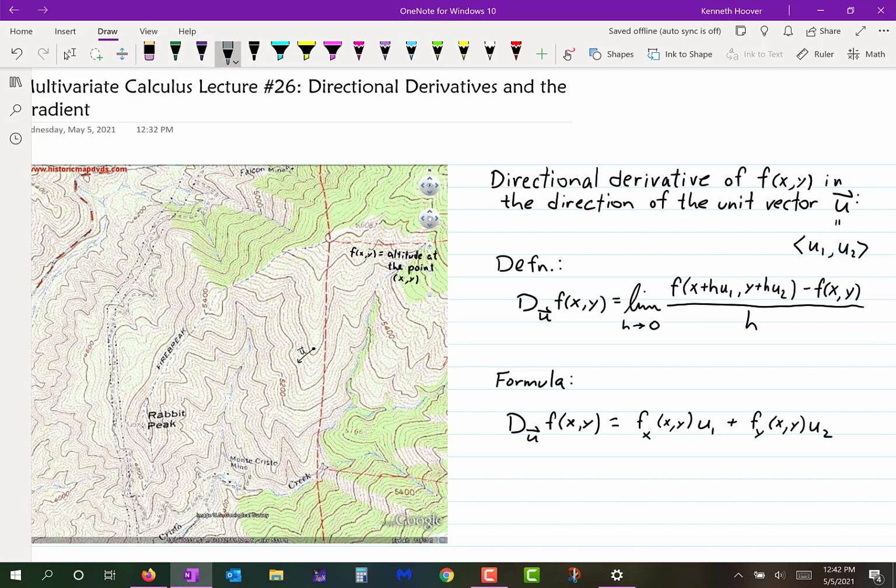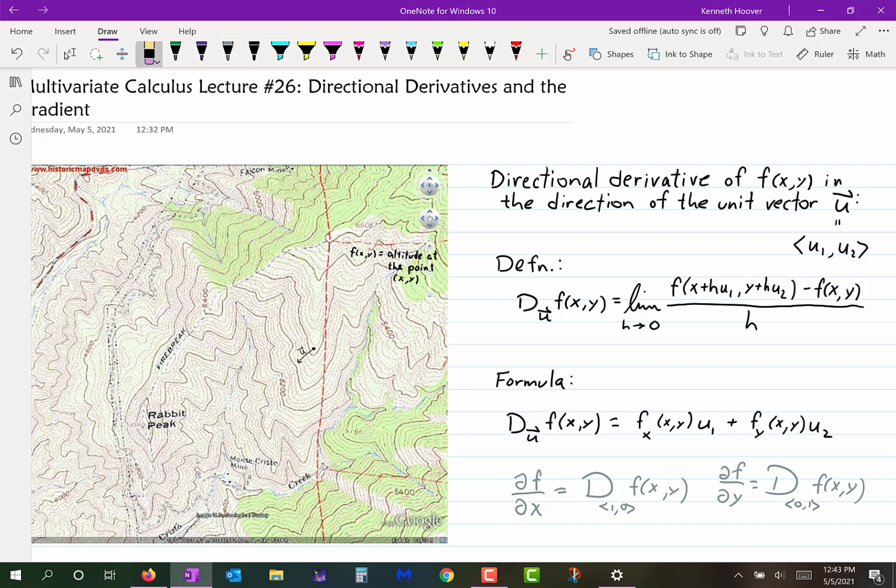And you could very easily see that the partial derivative of f with respect to x is in fact the directional derivative of f in the direction of the positive x-axis, and the partial derivative of f with respect to y is the directional derivative of f in the direction of the positive y-axis.